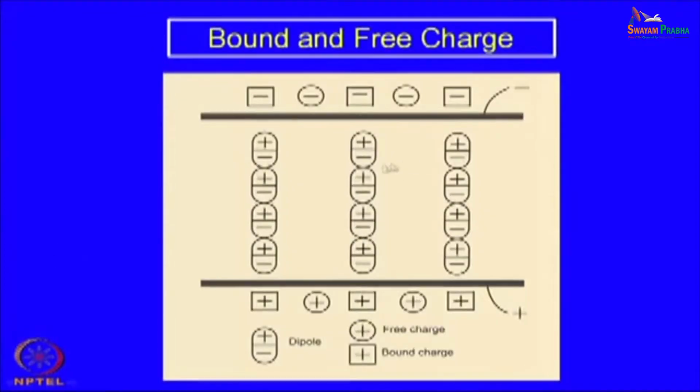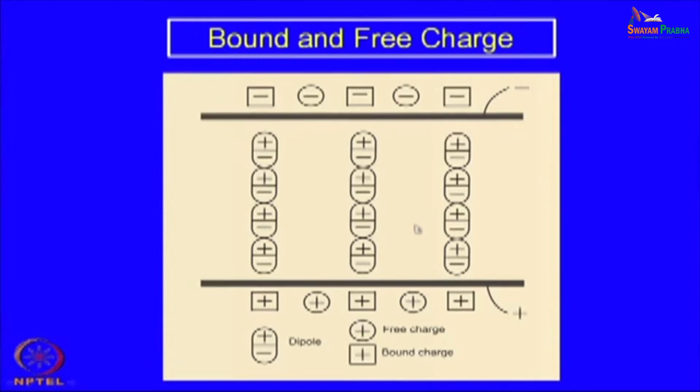However, all the charges available on the surface of the electrodes are not bound by the dipoles generated within the solid. Only a fraction of them will be bound and others will remain free, and that is what is shown here in the same diagram. These circled ones are free charges, there are no corresponding dipoles on this side.